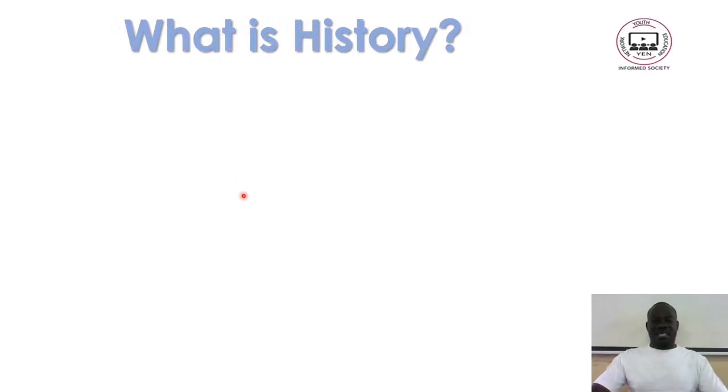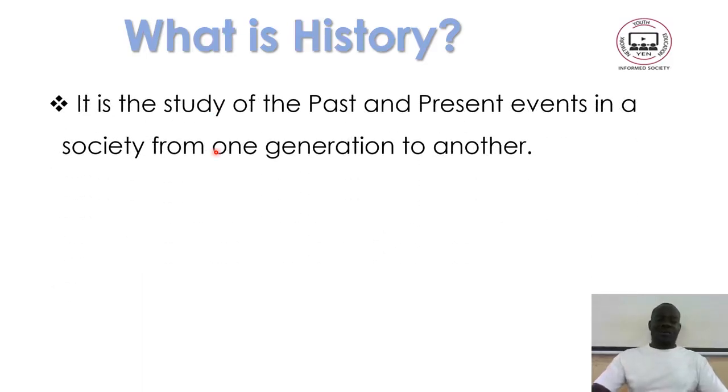Now, what is history? Let us look at the definition of history. When we talk of history, it is the study of the past and the present events in a society from one generation to another.